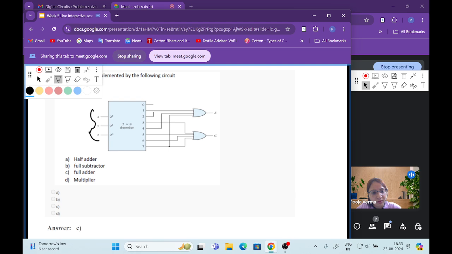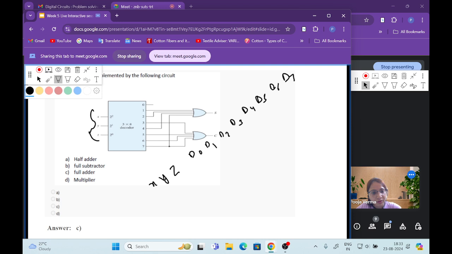Okay. So inputs we already know are x, y, and z. And what are the outputs? I am writing in terms of D0, D1, D2, D3, D4, D5, D6, and D7.